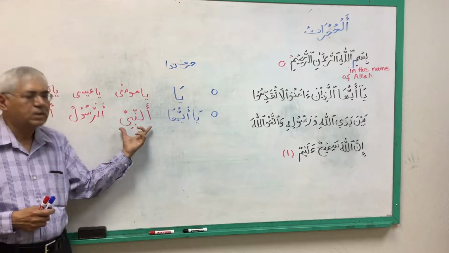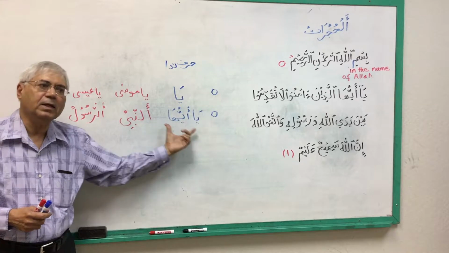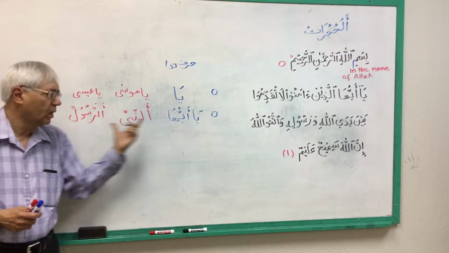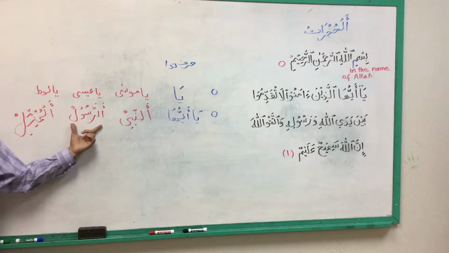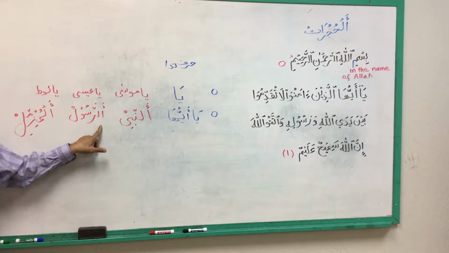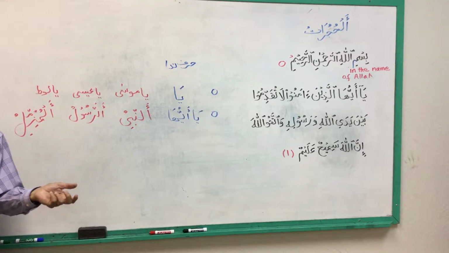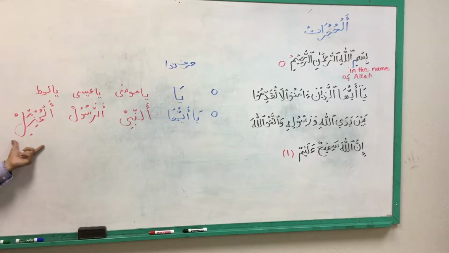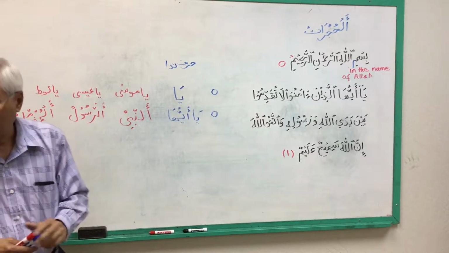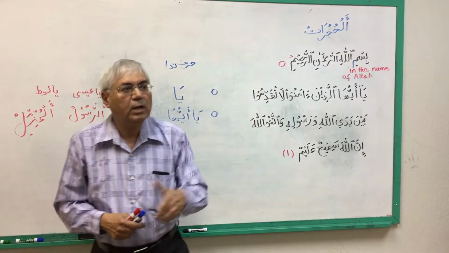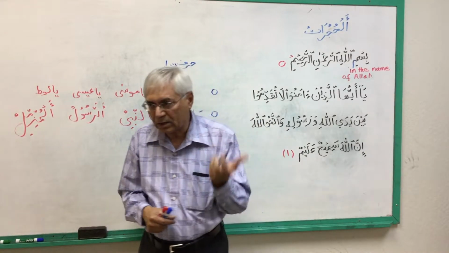So if the word starts with Al, then Ya Ayyuha is used. Ar-Rasulu has Al before it, so it will be Ya Ayyuhar Rasulu, Ya Ayyuhal Muzammilu, Al is there. Ya Ayyuhal Muddassiru, Al is there. Ya Ayyuhan Nas, Al is there.